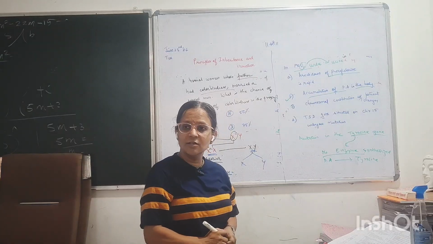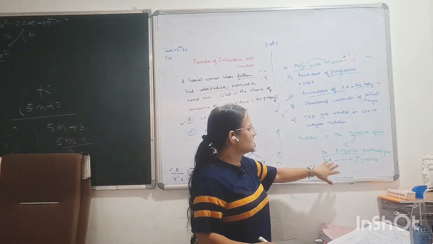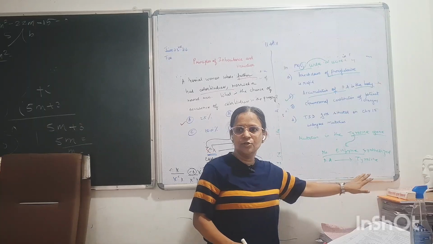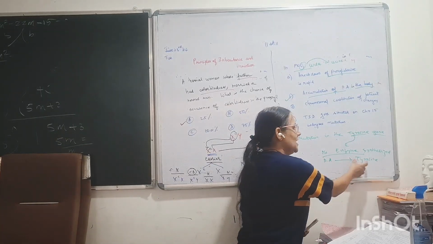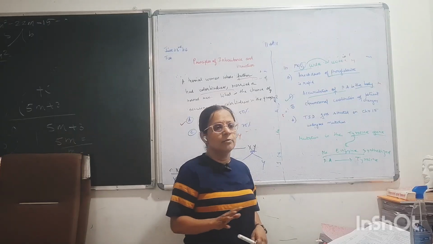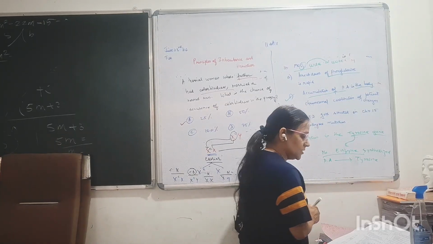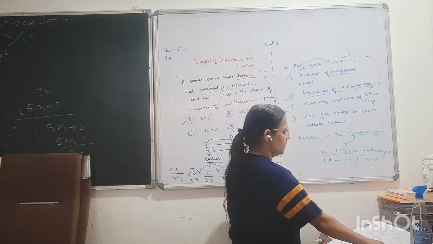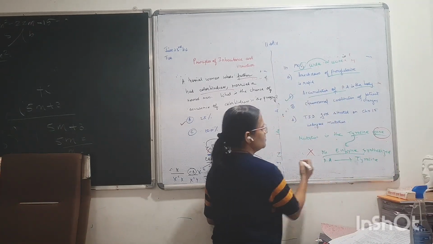Now why does this occur? Because usually phenylalanine gets converted to another amino acid called tyrosine. There is one enzyme which converts phenylalanine to tyrosine, right? But in these patients, the gene coding for this enzyme is mutated.